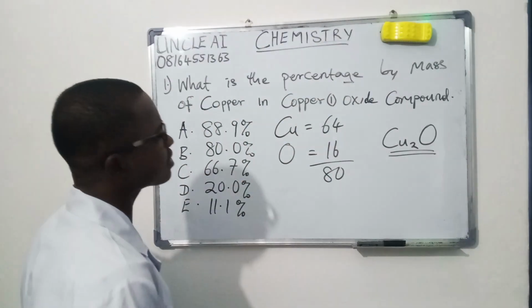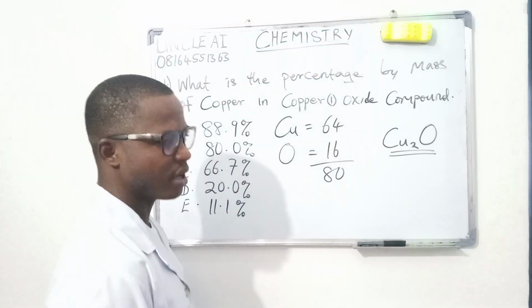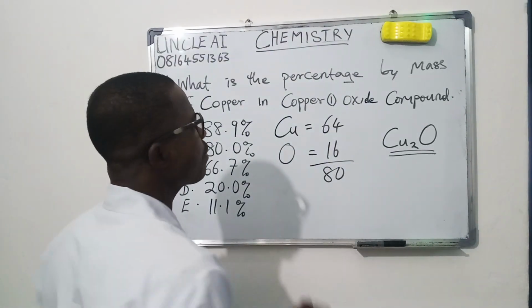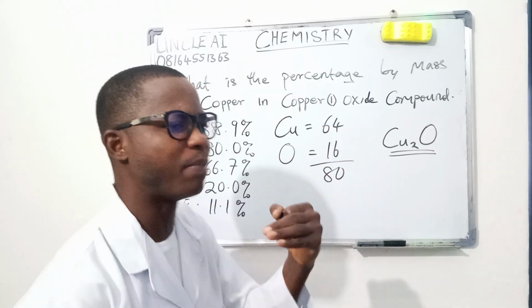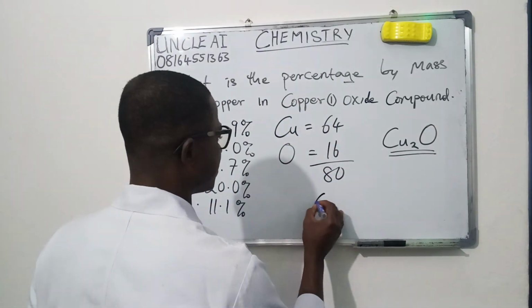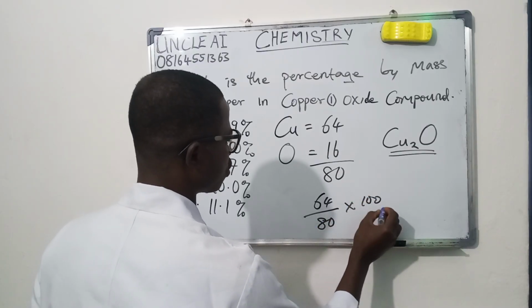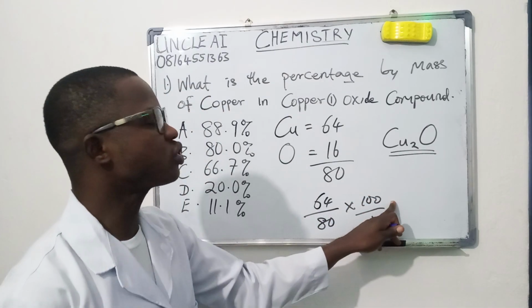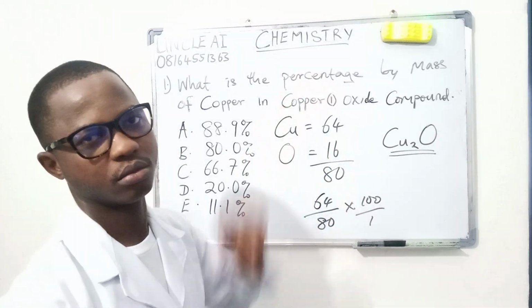Now, since this is the total mass and this is the mass of copper, it simply means if we want to calculate the percentage by mass of copper, we'll have 64 here all over 80 times 100/1. We put 100 because we want to express it in percentage.